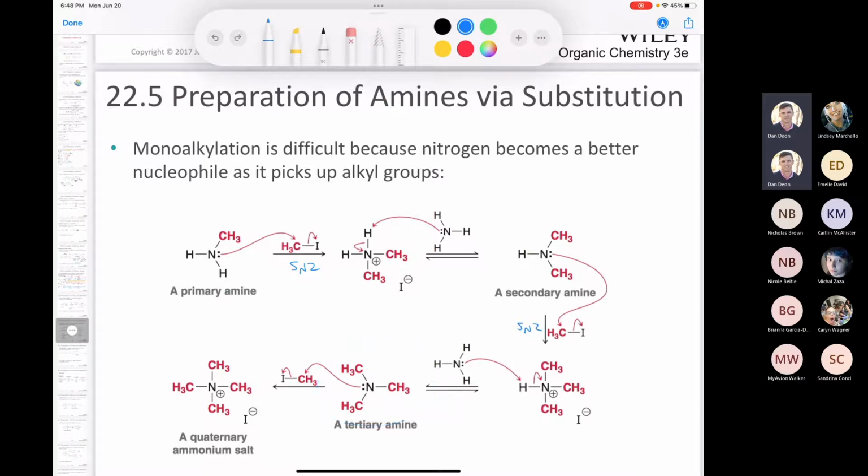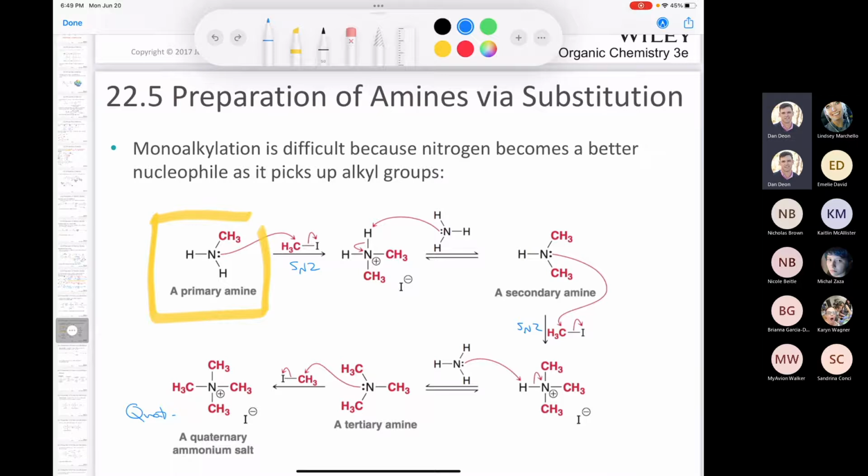And then you end up with your quat, your quaternary ammonium salt. So monoalkylation, like trying to stop here, is actually really difficult because it just keeps getting better and better as a nucleophile, because as it picks up alkyl groups, they're electron donating, so it makes the base even stronger. So it's an even better nucleophile.